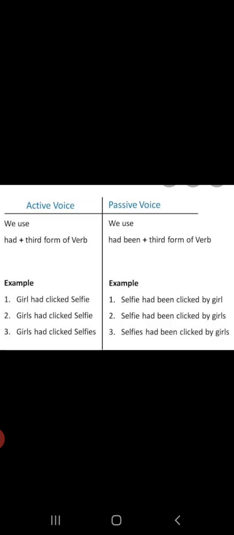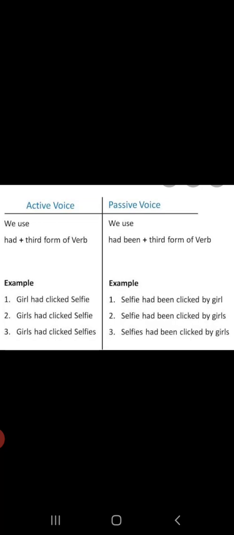We have also used the third form of the verb click, that is clicked. And as we know the active voice sentence is in past perfect tense, we have used had here, and we know that in passive voice we use had been. So see the sentence in passive voice: selfie had been clicked by girl.